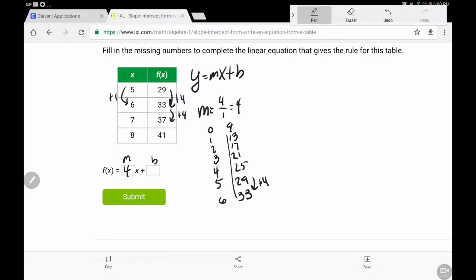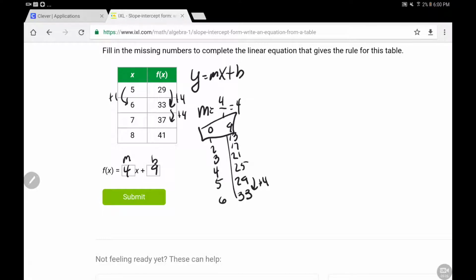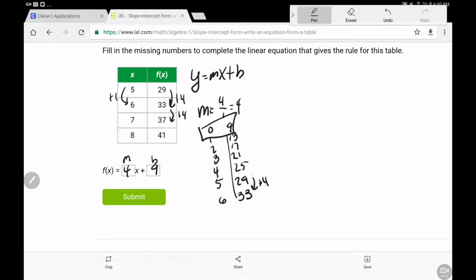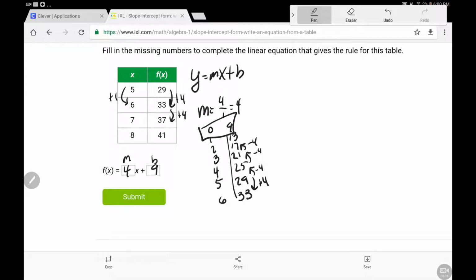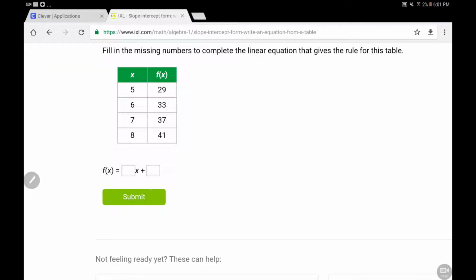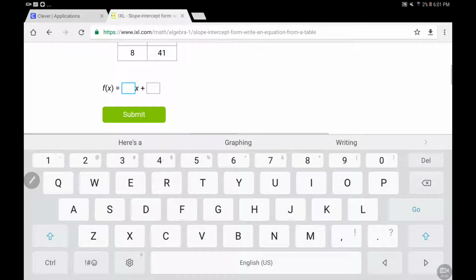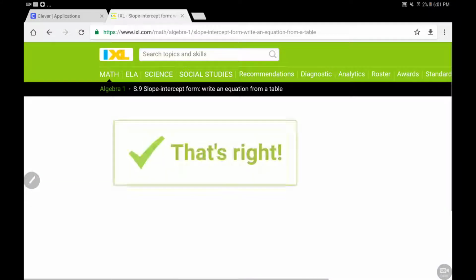So what's going to go here is 9, because x is 0, 9. So you just go opposite of your slope, minus 4, and so on. Okay? So we can put in 4 and 9. Submit it, and we're good.